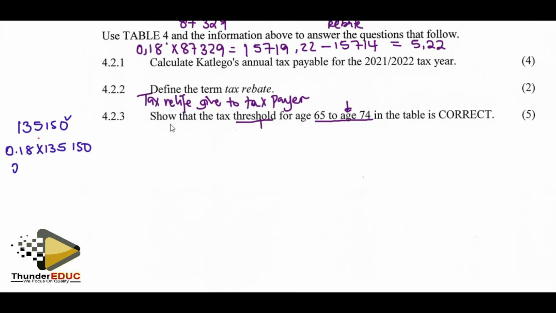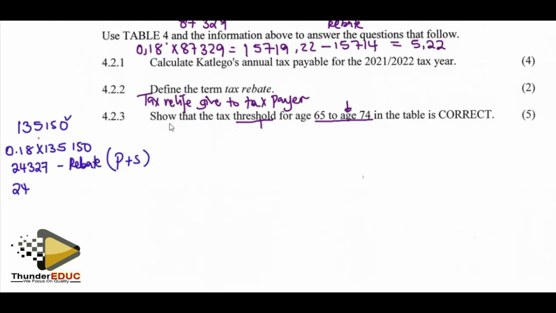So if these people pay that much as tax, we remove the rebates. Remember, these are 65 and 75, so there are two rebates that you remove: the primary and the secondary.